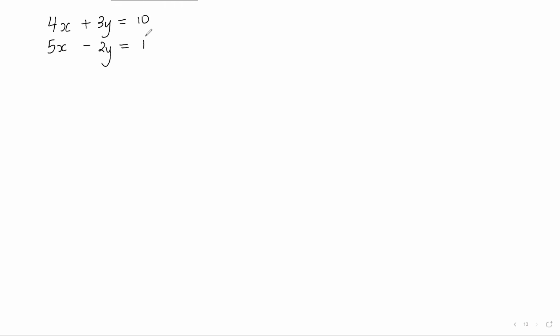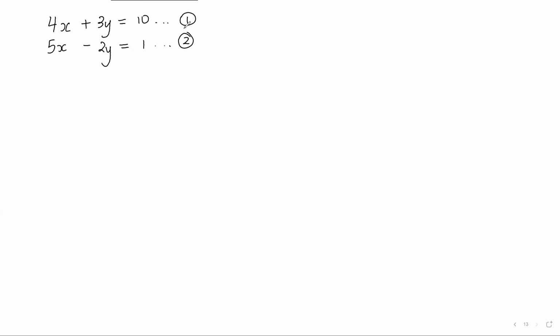And let's say this is equation 1, and this is equation 2. Right. In neither equation here do you have the coefficients of x or y as 1. So we have to do one step further, right?